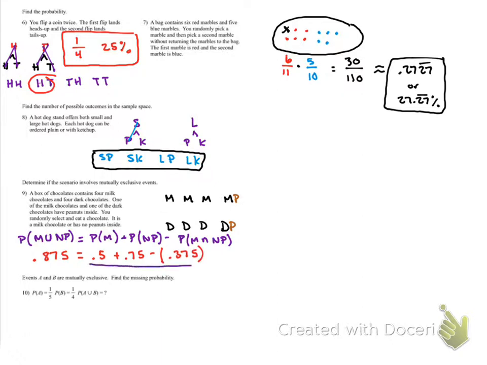Now simplifying the right-hand side: 0.5 plus 0.75 minus 0.375 gives us 0.875. So 0.875 is equal to 0.875. So we have mutually exclusive events here.